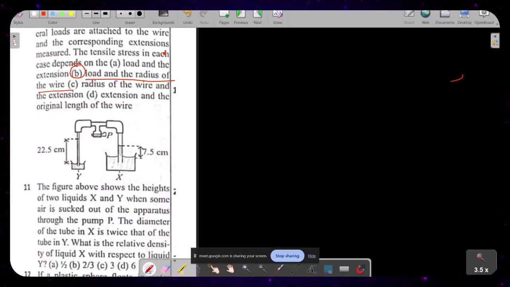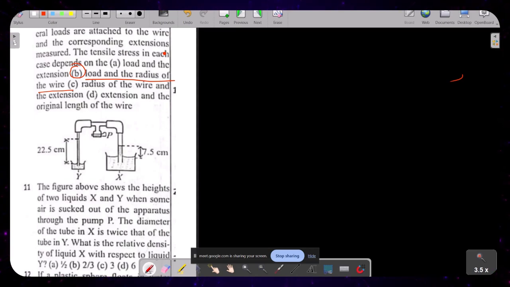Can you all see my screen? Okay, users joined. That's very nice.